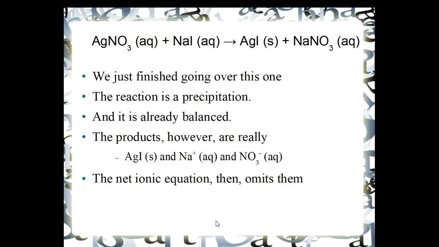The net ionic equation omits the 2 spectator ions, and so we have only silver ions aqueous reacting with iodide ions aqueous to form solid silver iodide. This is the way a net ionic equation is shown for this kind of reaction, the precipitation type of ion swap.